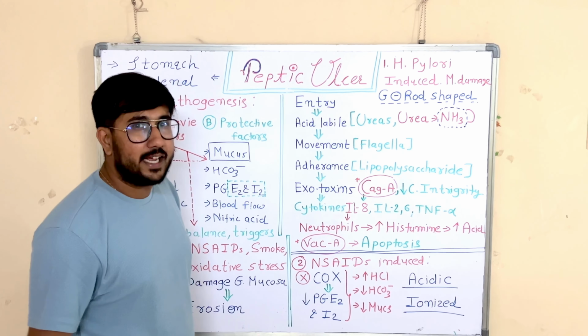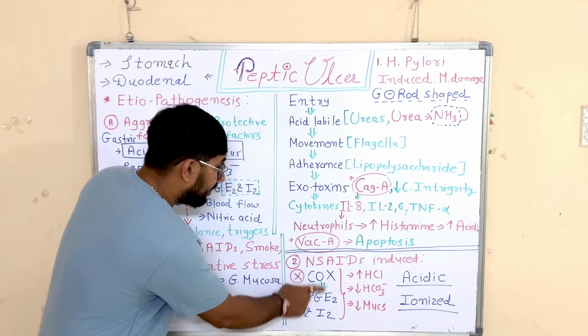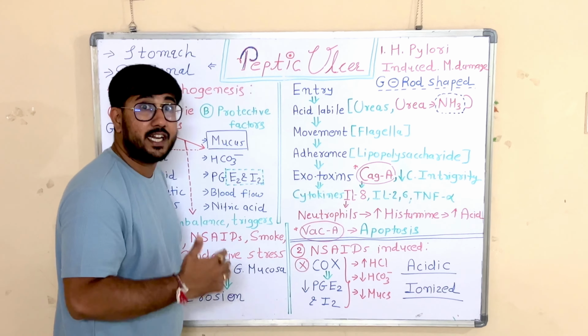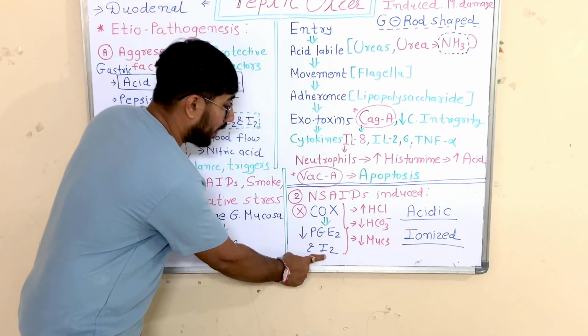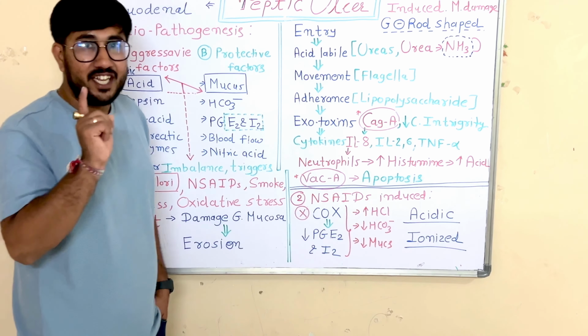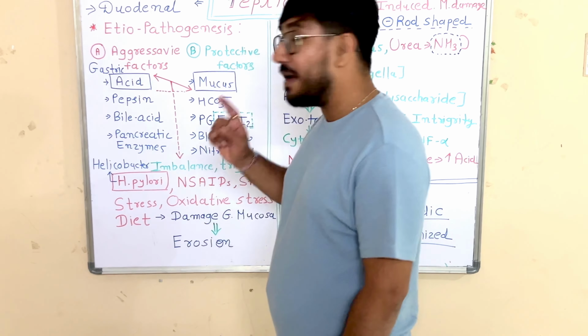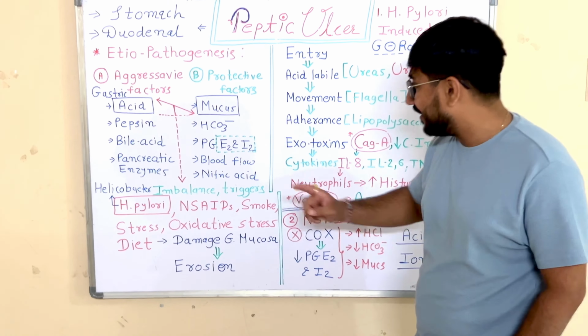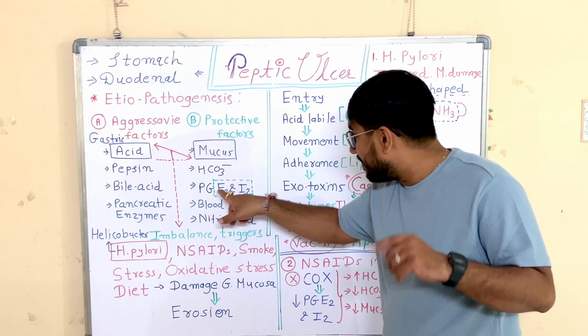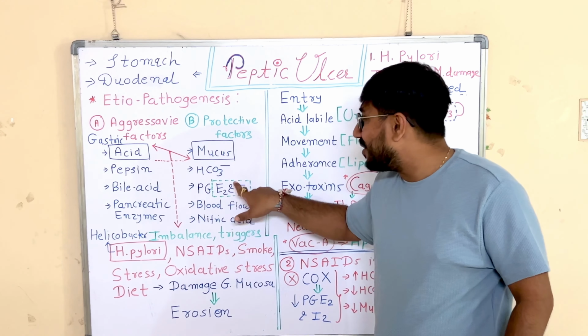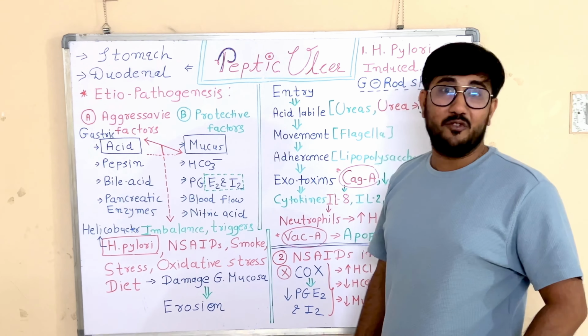But when they target the COX-1 enzyme, specific prostaglandins get diminished, PGE2 and PGI2. And remember the function of PGE2 and PGI2. Yes, you have remembered that PGE2 and PGI2 are important protective factors.